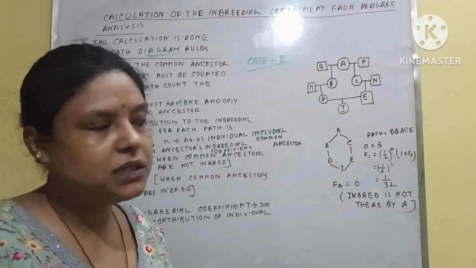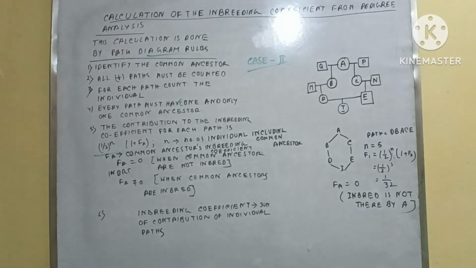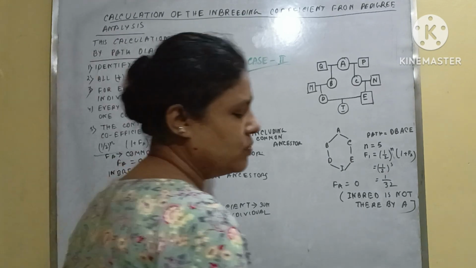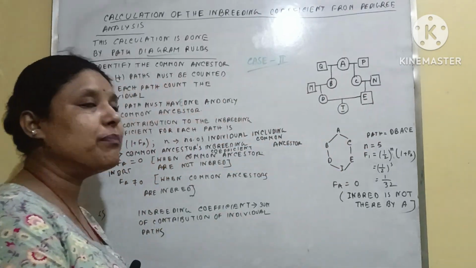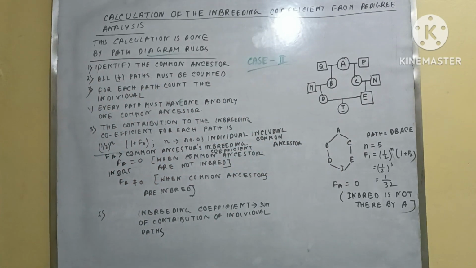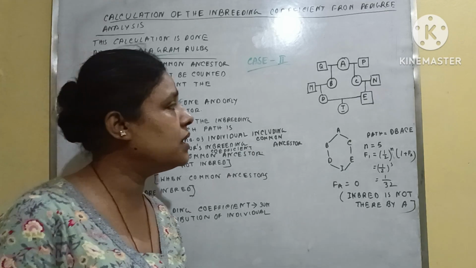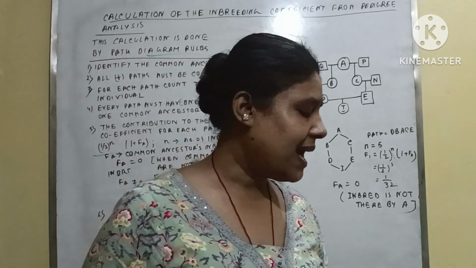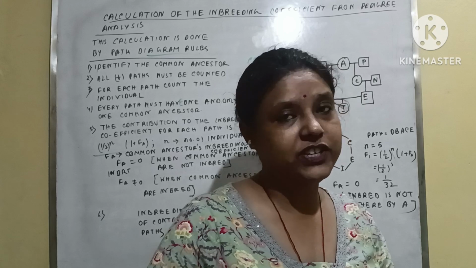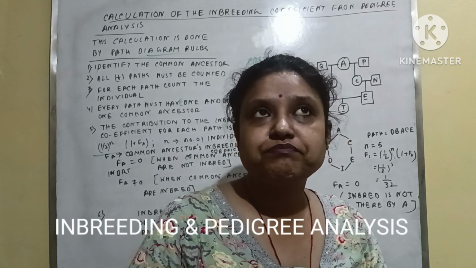Answer is 1 by 32. Clear? In that way we have to calculate the F1 value from the pedigree tree. Okay, so I think you understood this topic.